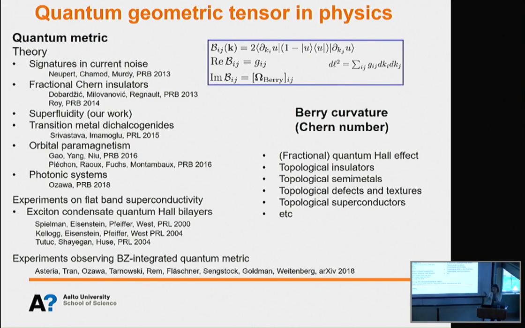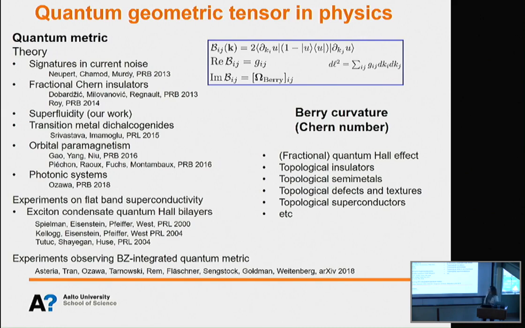So there are these two siblings, the Berry curvature and the quantum metric, parts of the same tensor. And you know, Berry curvature is already extremely famous and has been observed in many contexts and so on. But the quantum metric, well, there is some theory work now in recent years, actually even in this decade, all of them.